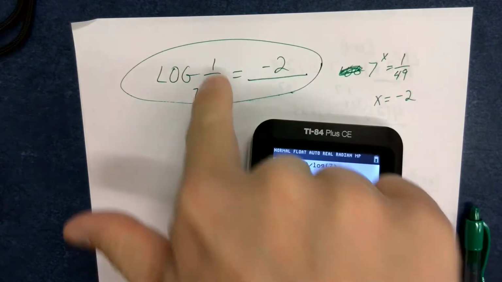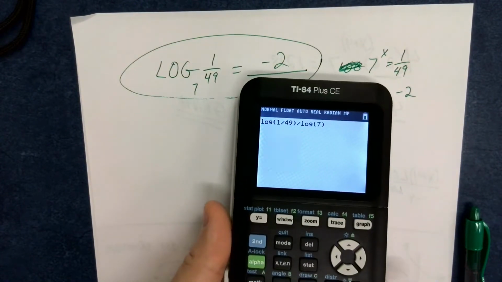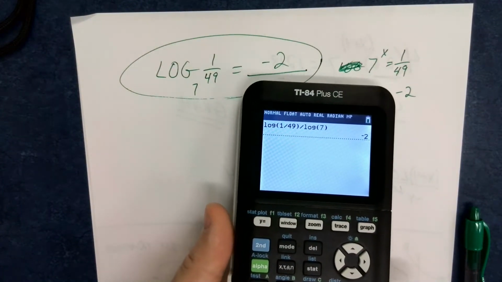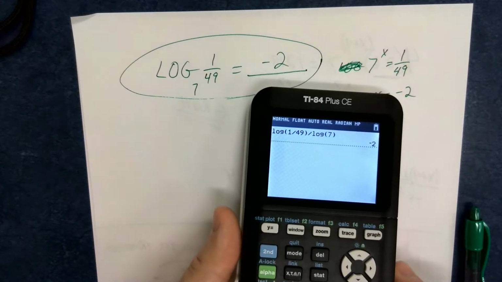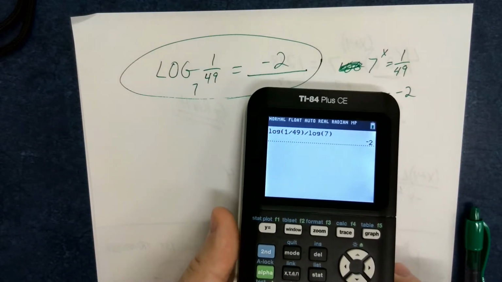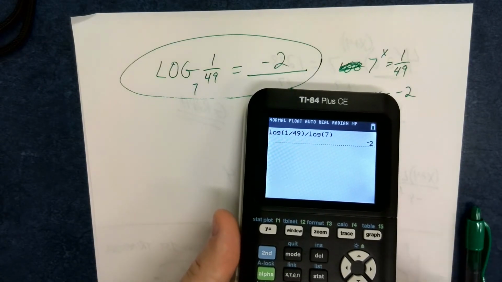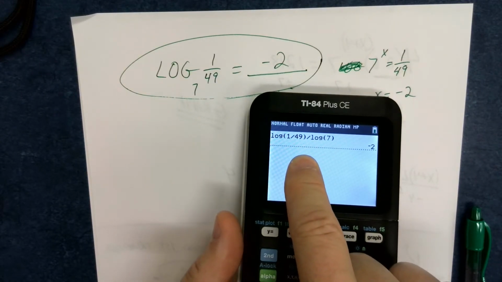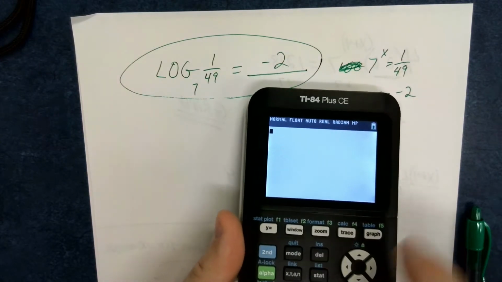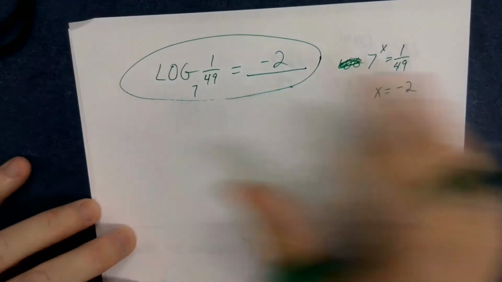So log of number divided by log of base, and surprise, surprise, I get -2 there also. So I can use either one of those to work it out. Which is the fastest way? I think it's just knowing the conversion in your head. But if you have extra time, double check your stuff, because I've said it over and over again, I can only grade what you put.